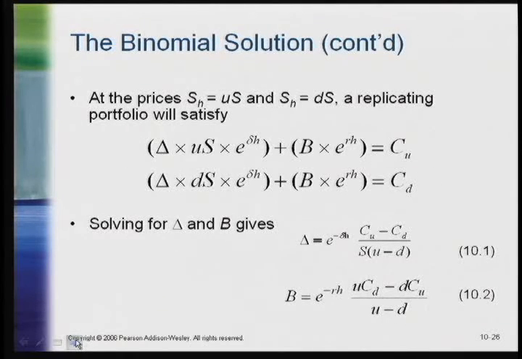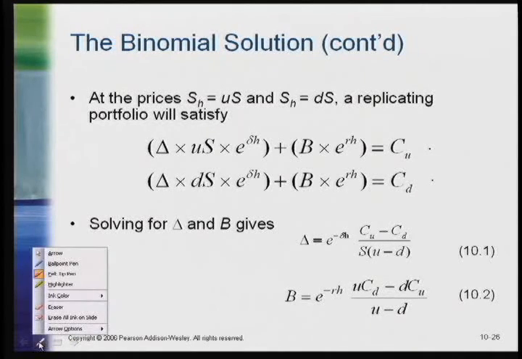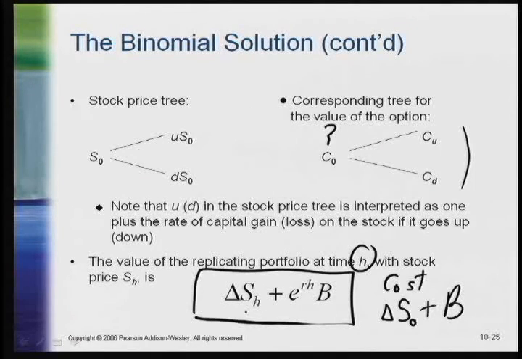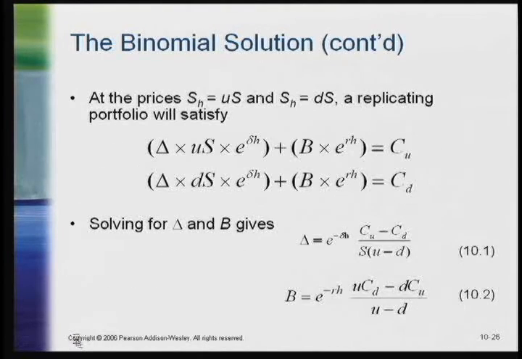So what we want is we want our portfolio to equal the two option prices. In the upstate, if we go back to the general formula, the price at time h is delta times the value of the stock at time h. Well, notice that the value of the stock has two components. We have a price appreciation in the per share price.